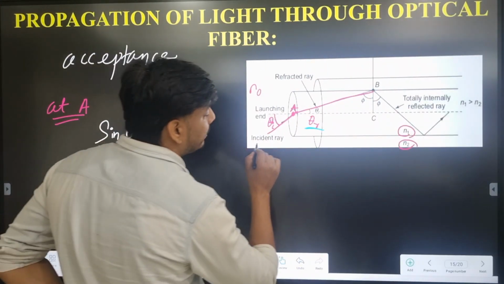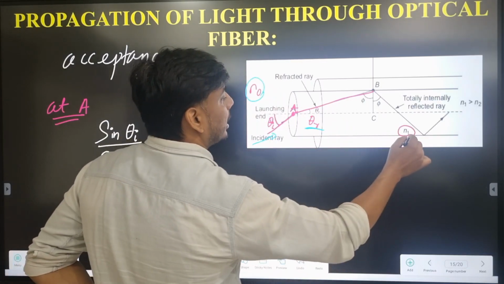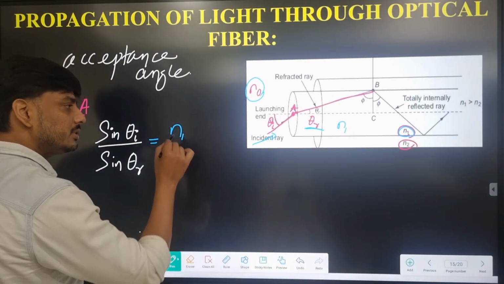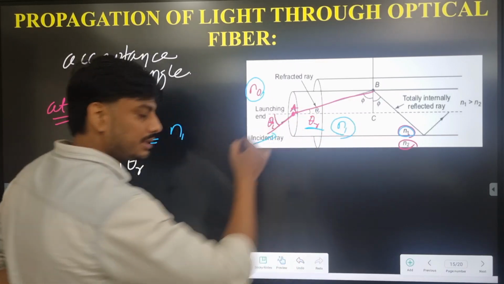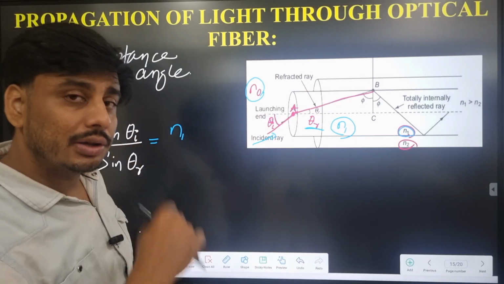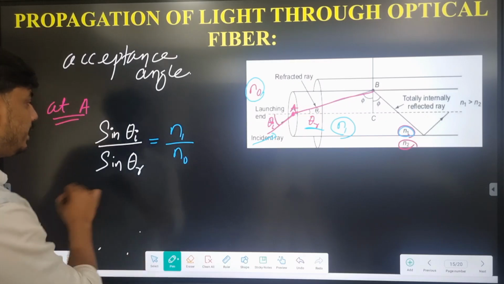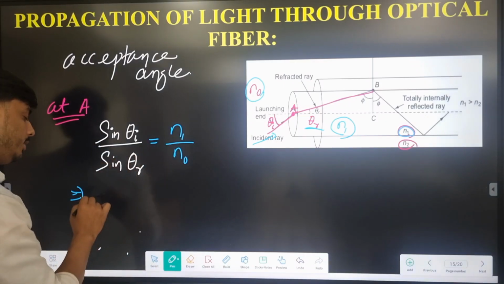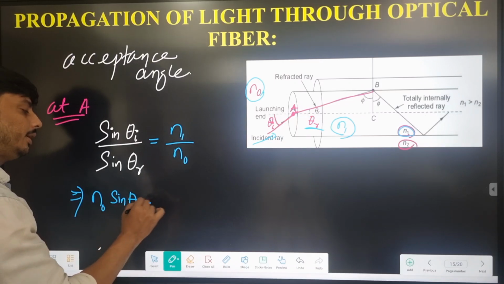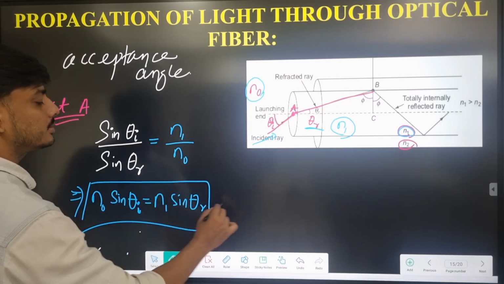The ray of light is traveling from the outside, whose refractive index is n0, and enters the core region having refractive index n1. So the second medium, where refraction takes place, has refractive index n1, divided by mu1. Mu1 is where the incident light travels, with refractive index n0. Now we can cross multiply and write n0 sin theta I equal to n1 sin theta r. This is one equation we get.